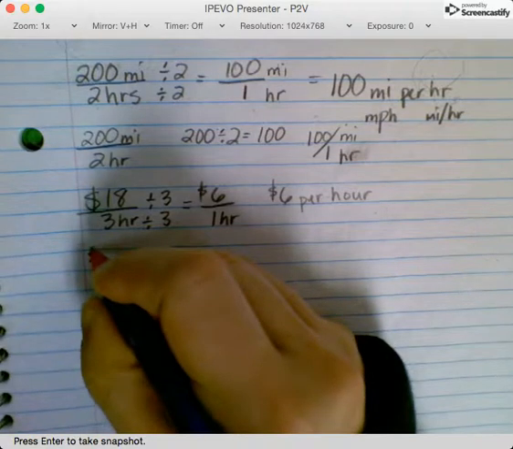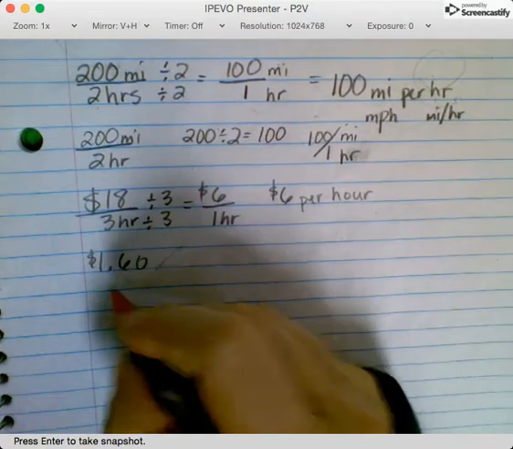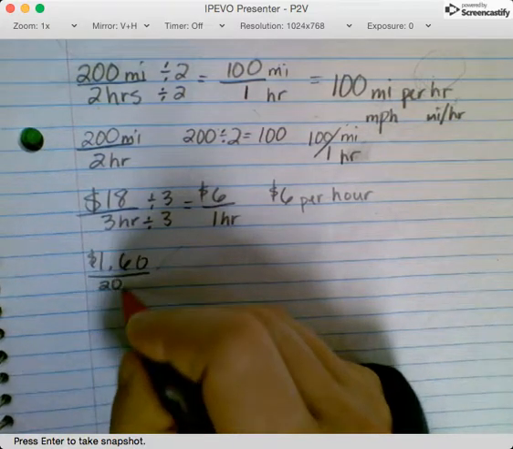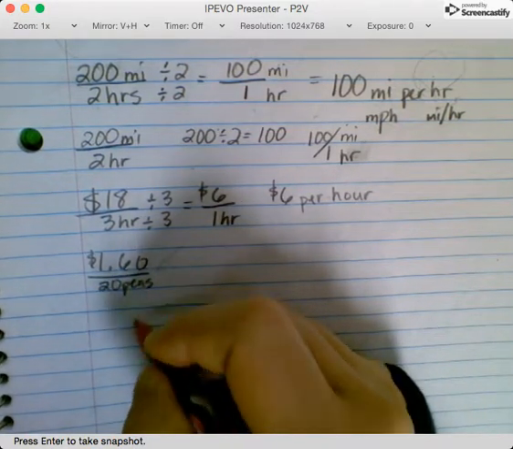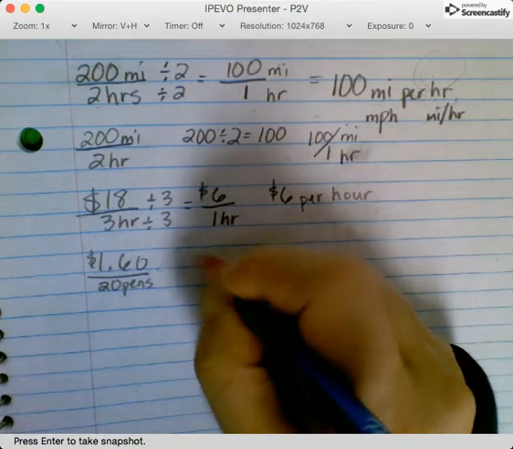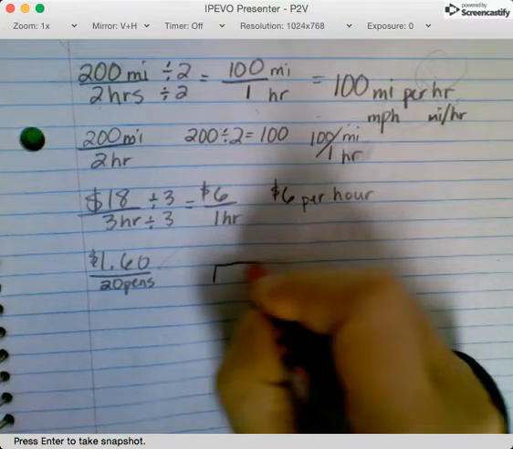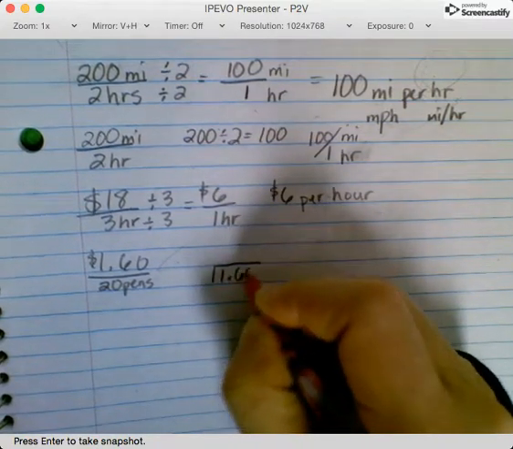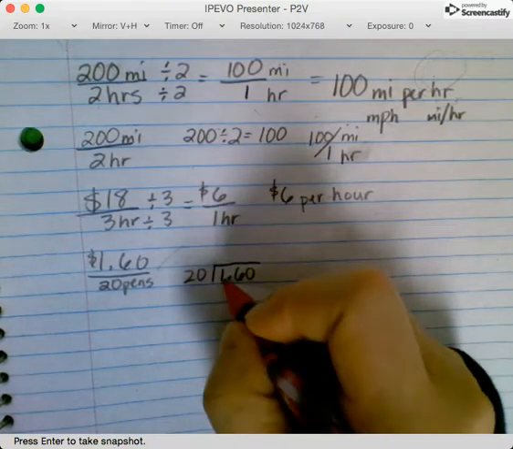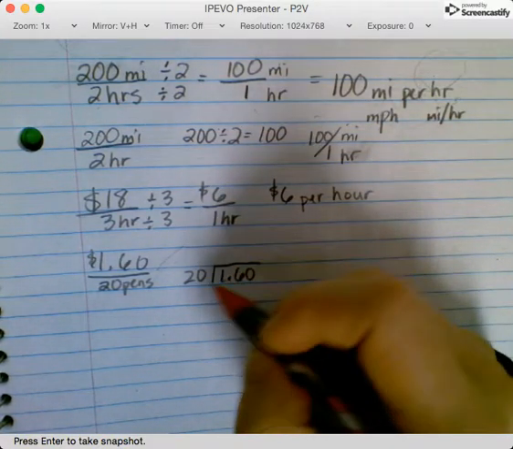$1.60 for 20 pens. If I divide the top and the bottom both by the bottom number, let's just do $1.60 divided by 20. So I'm just going to divide the top by the bottom and put that over 1 this time.